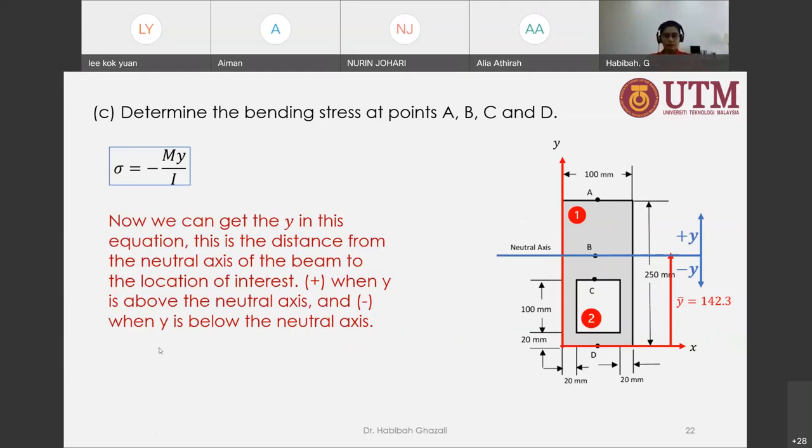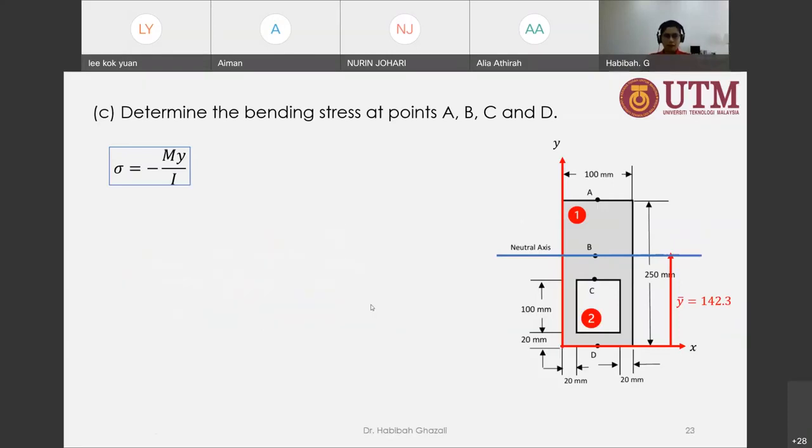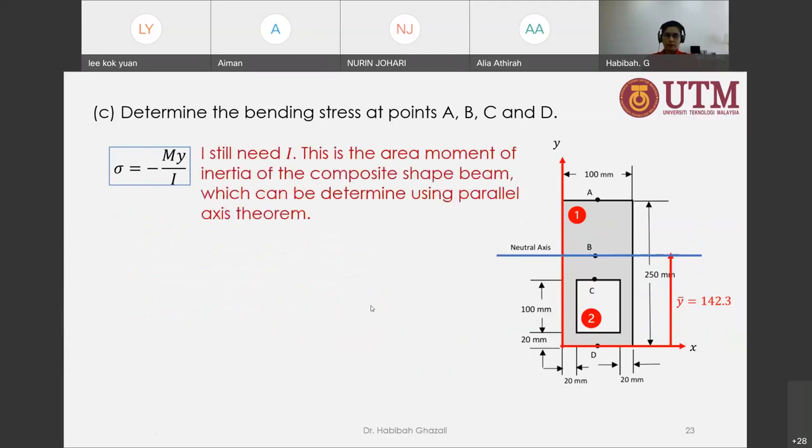Now, what I need left to start calculating my bending stress is the I. That is the area moment of inertia. So I still need the I, and this is the area moment of inertia of the composite shaped beam, which can be determined using parallel axis theorem, this one here. And from here, we can find Ix.